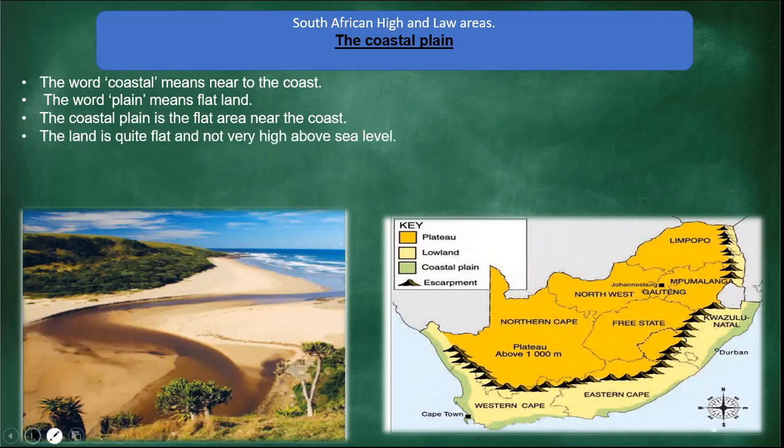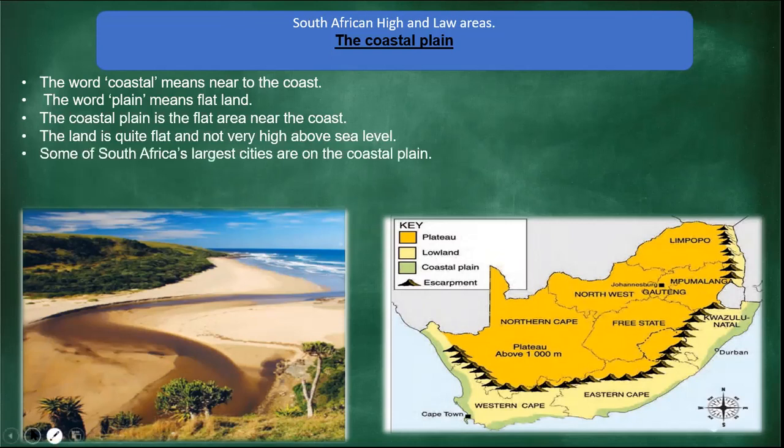The land is quite flat and not very high above sea level. As you can see, it is flat and equal. If we measure it, it is measured as 0 meters, as we said yesterday.